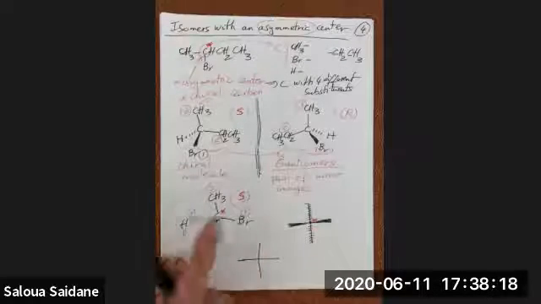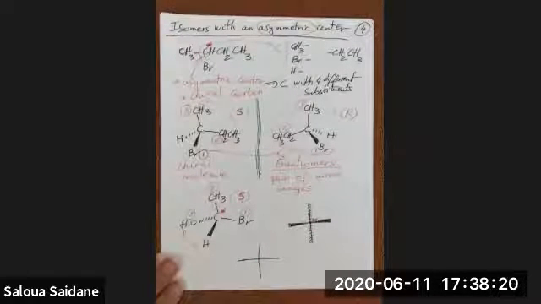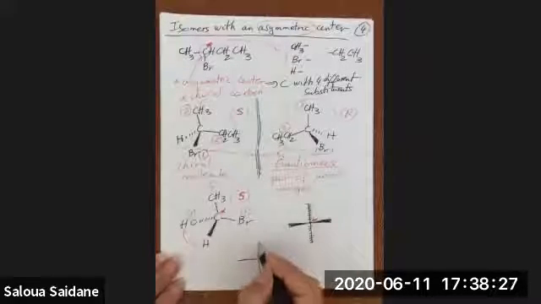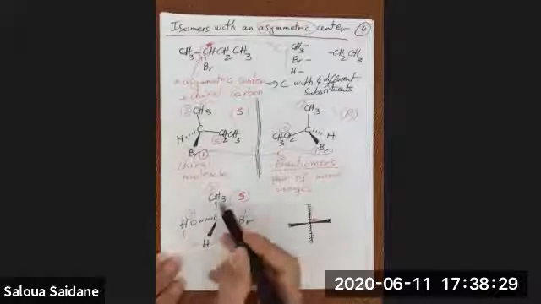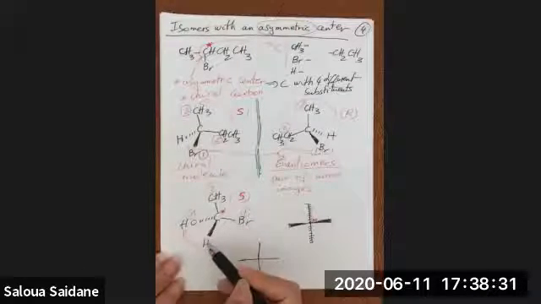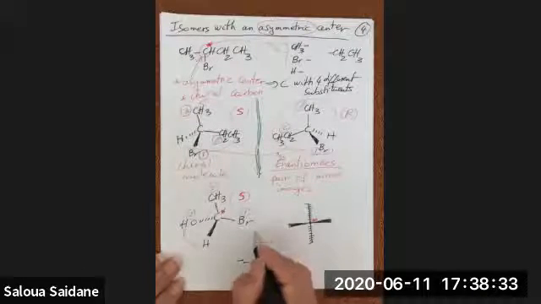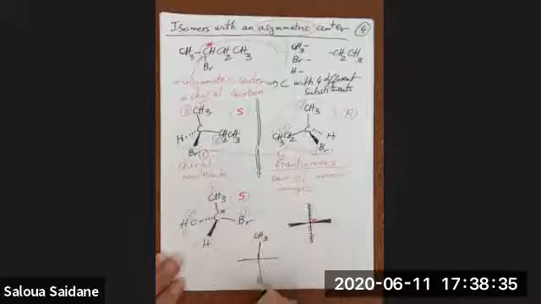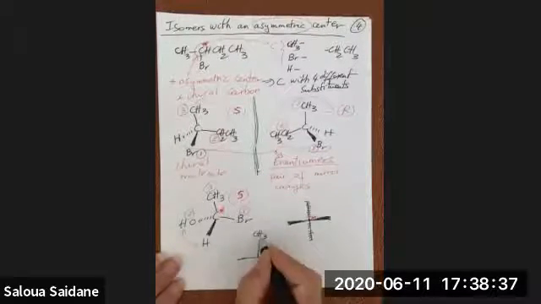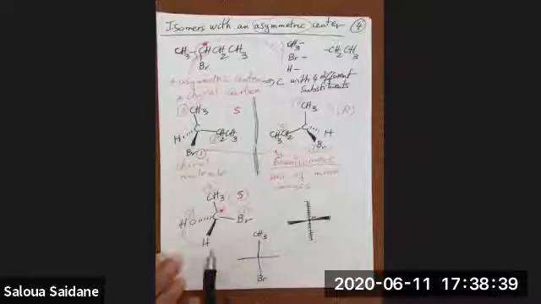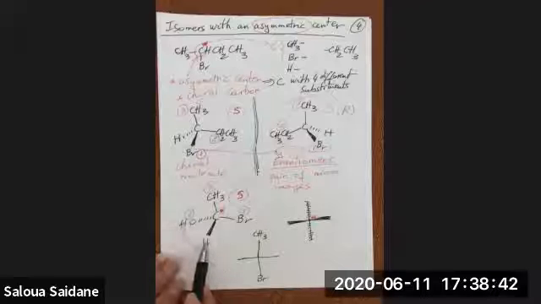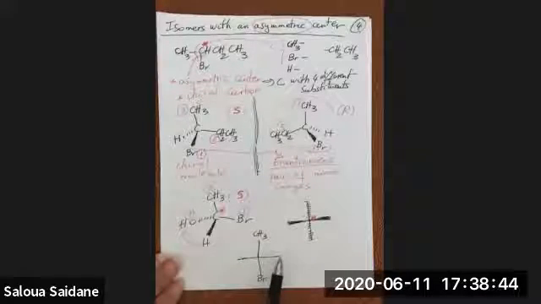So now, how do we put the substituents? Two of them you can put anywhere you want. Usually the longest carbon chain, I have CH3C, but I don't have another CH3, so I'm just gonna put CH3 here and the Br here. It doesn't matter what you put in here. So what's left? We have the OH and the H. I have two choices.